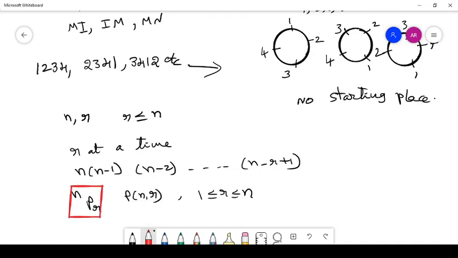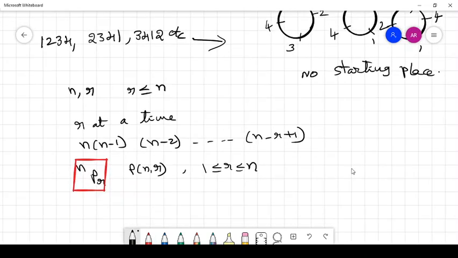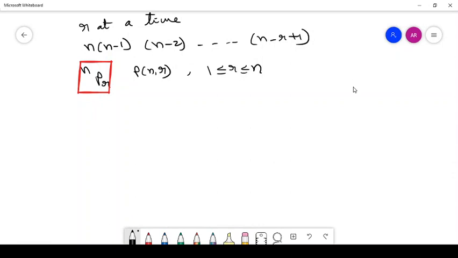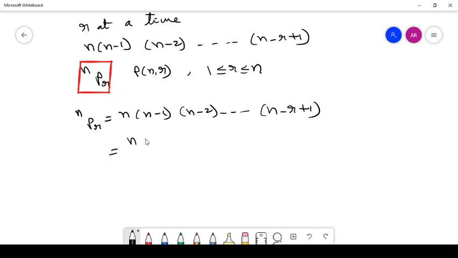nPr, the number of permutations of n dissimilar things taken r at a time, is n into n minus 1 into n minus 2 up to n minus r plus 1.